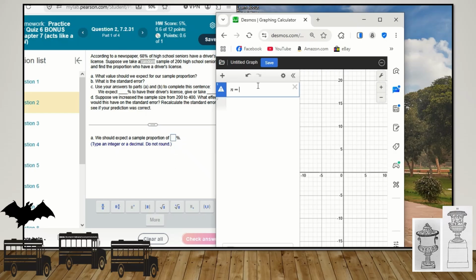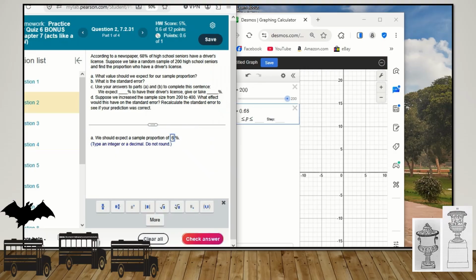Notice that n is the 200, and then let's go ahead and assign the population proportion. Even though it's from a newspaper, we're going to assume it's the population proportion, which would be 0.68. So in our sample, we should expect to get 68%.